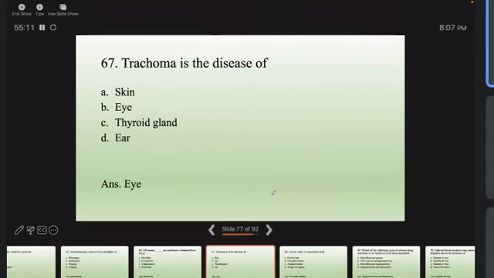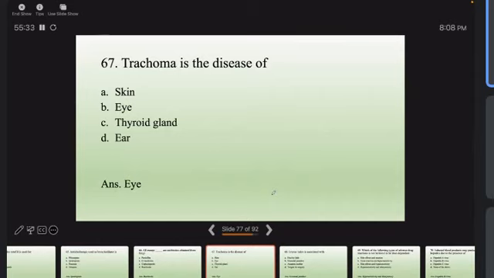What about the ear? A very, very common disease in the ear. Fungal infection in the ear, yes.